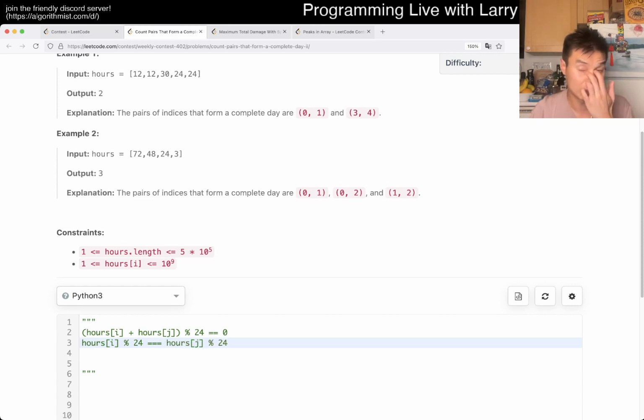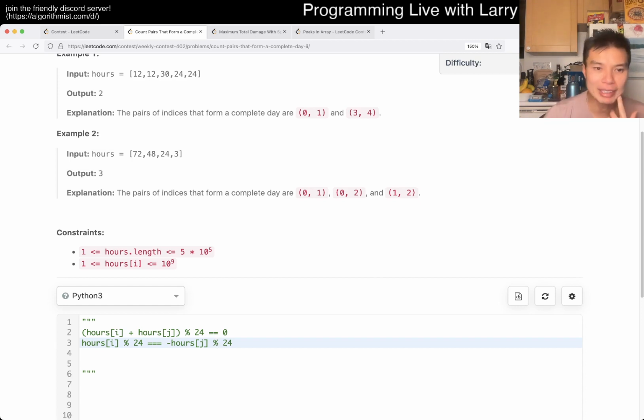Actually, that's wrong. You have to subtract on both sides, so this is actually negative hours of j.